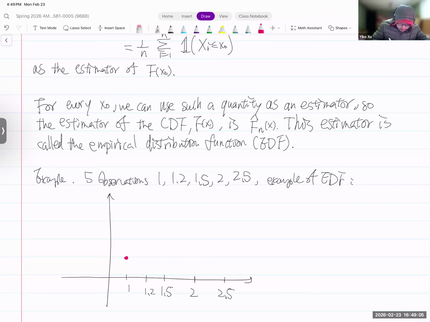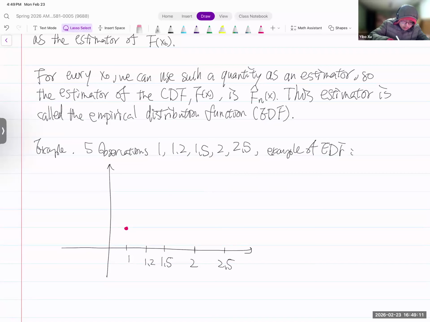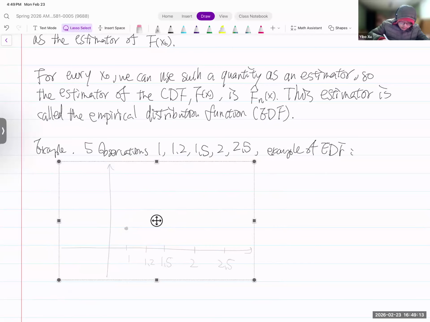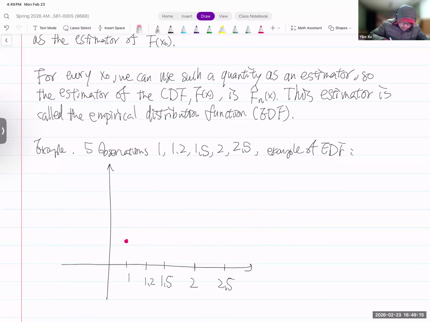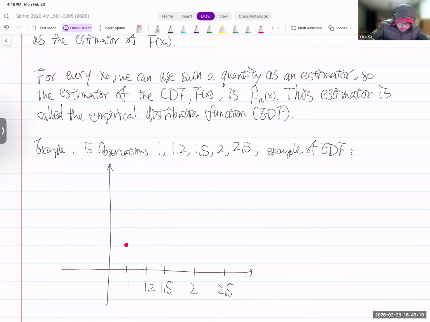Let me make it a little bit taller. I'm using the vertical strips to represent the height. So this is one fifth, two fifths, all the way, three, four. This is one.